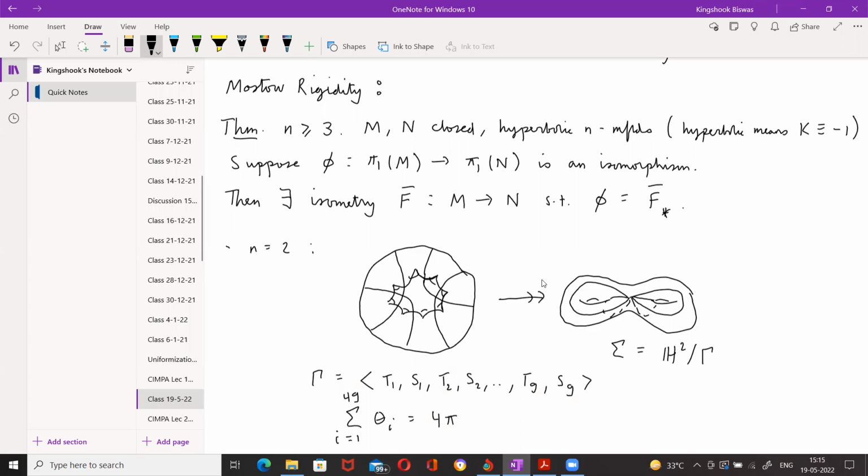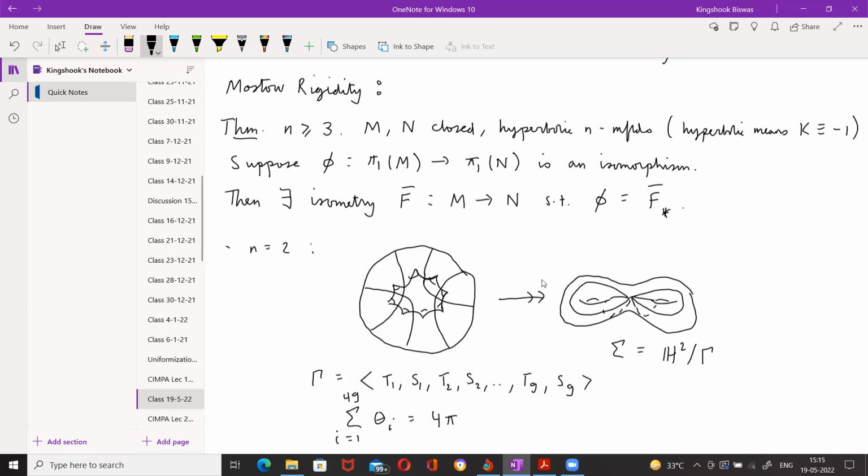So the parameter space of such hyperbolic surfaces up to isometry is essentially a manifold of dimension 6G minus 6, which is called the moduli space of hyperbolic surfaces. So you have a large deformation space in dimension 2.